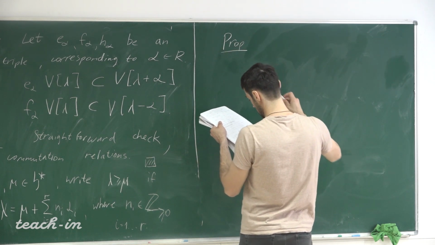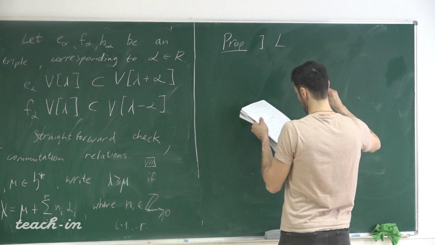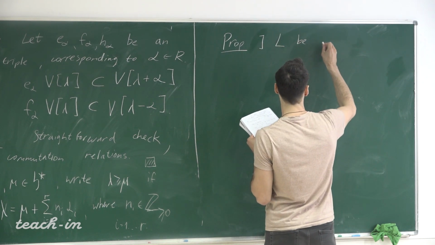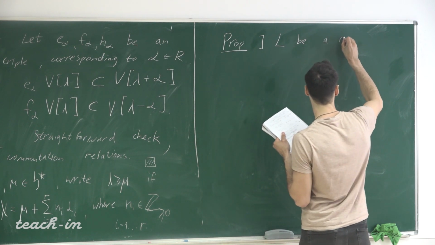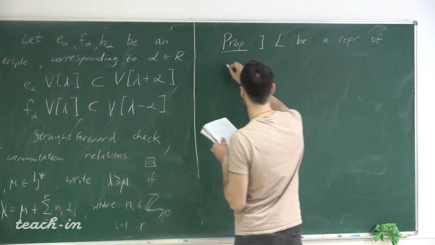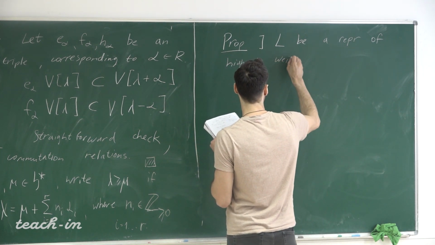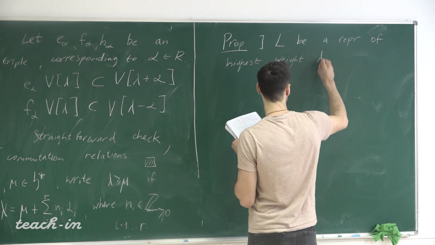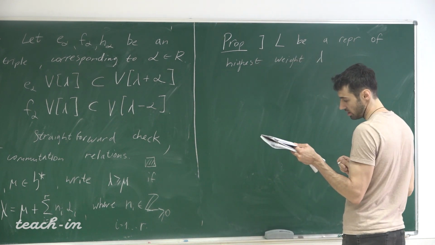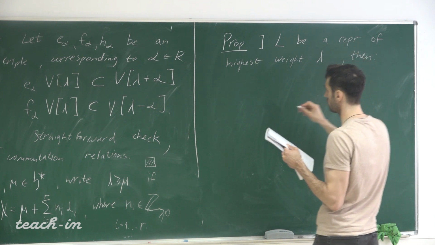is the following. Let L be a representation of highest weight lambda, and so then I claim the following two things.